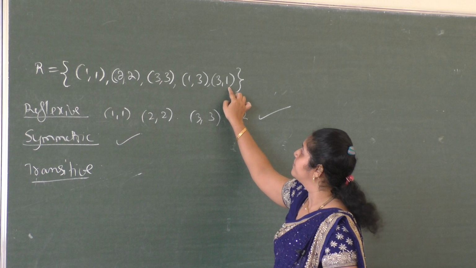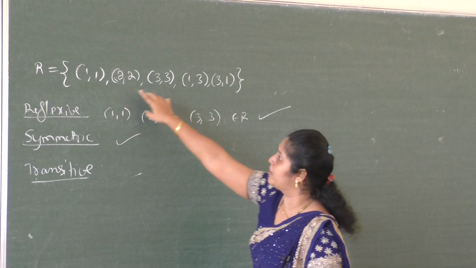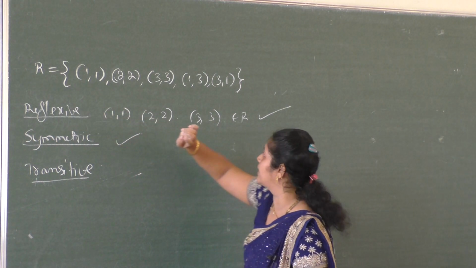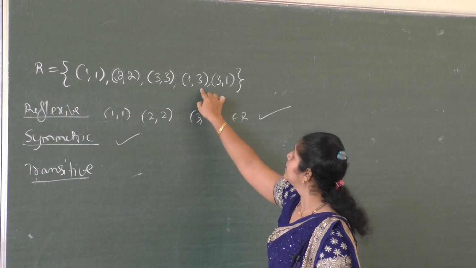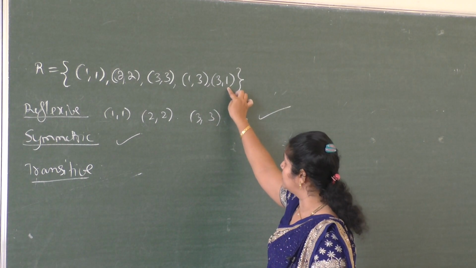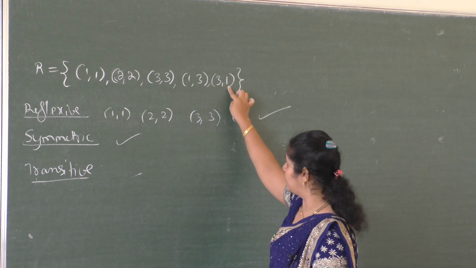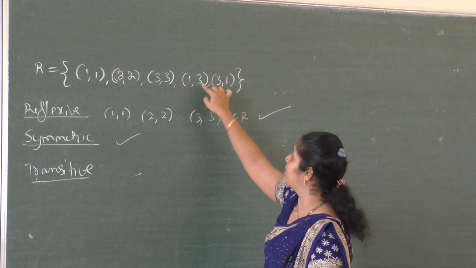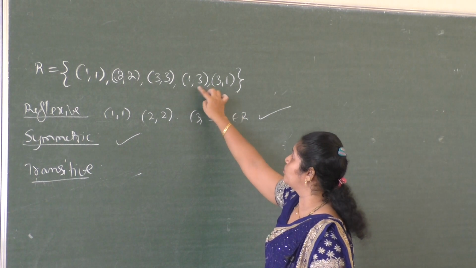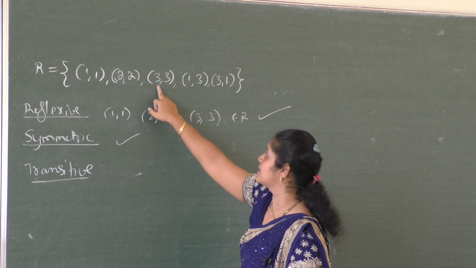So (1, 3), (3, 1) means (1, 1) should be there, and you can see (1, 1) is there. Then if I take (3, 1) first, then (1, 3), so (3, 1), (1, 3) means (3, 3) should be there. You can see that (3, 3) is also there.